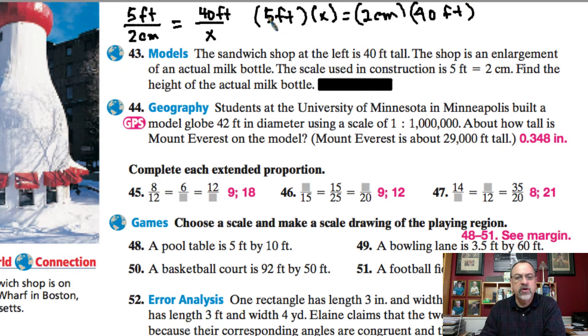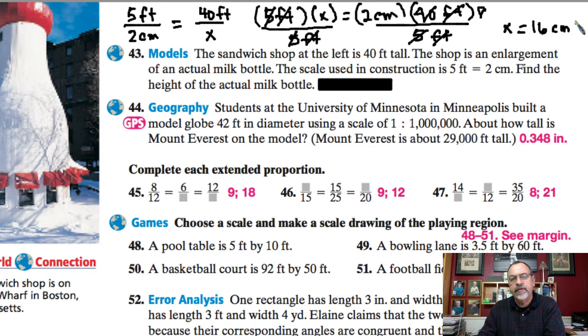Okay, now I'm solving for x, so I'm going to divide both sides by 5 feet because I want the 5's to reduce and I want the feet to reduce, so that's why mathematically this works. Now I can reduce the feet with the feet, leaving me only centimeters. That's how I know my answer is going to be in centimeters. I can divide 5 into 40, making that 8. So now I just have 2 times 8 centimeters. So x is equal to 16 centimeters.